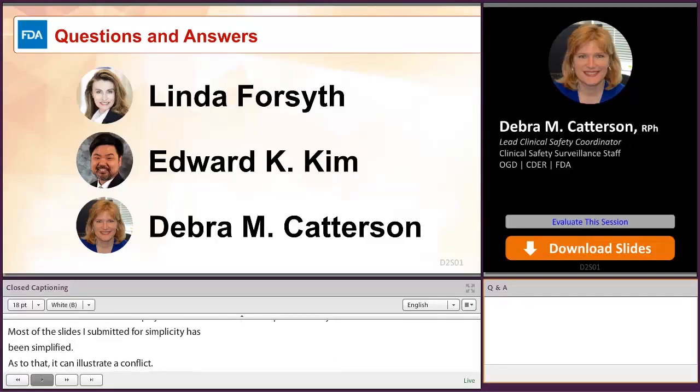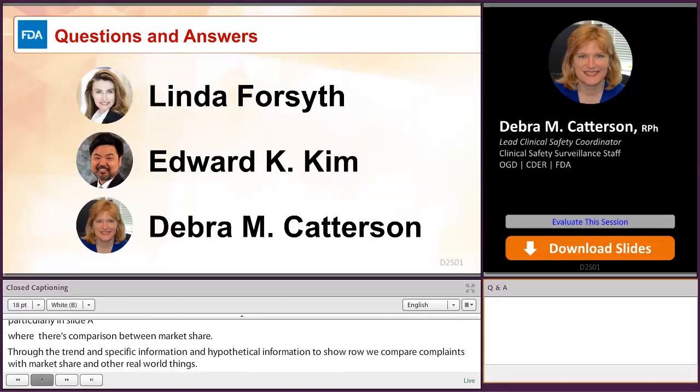The team has put together those trends, not based on specific information, but hypothetical information, just to show how we compare complaints with market share and other real-world data sources. So that probably won't be viewable, nor do I think anyone would be very interested in seeing that data. But the complaint trends for DQRS data, they have been.